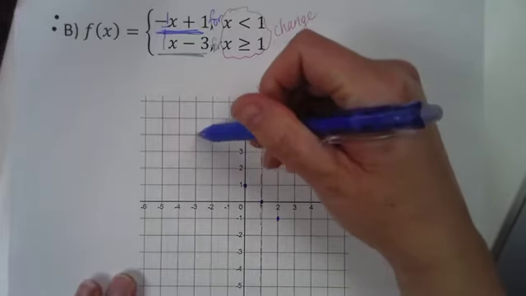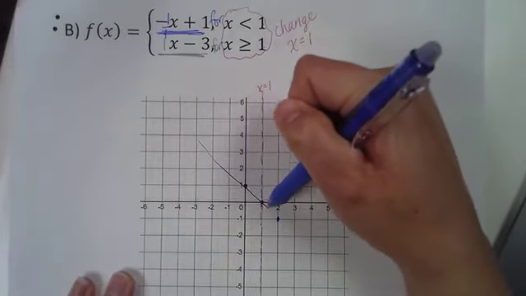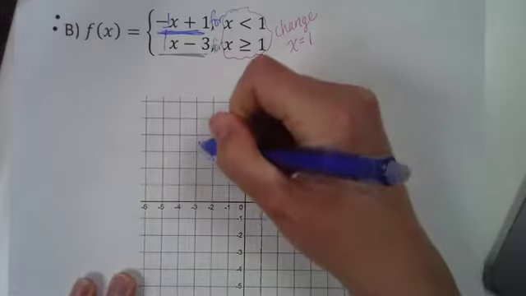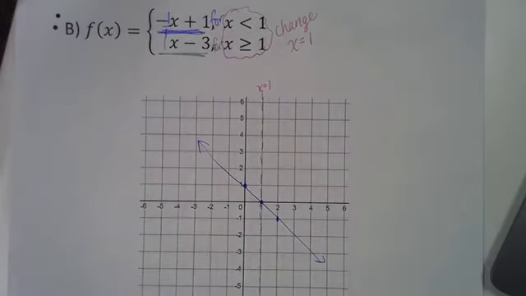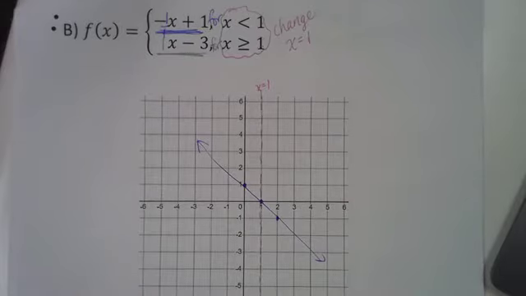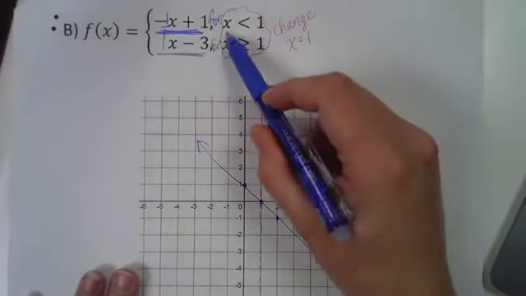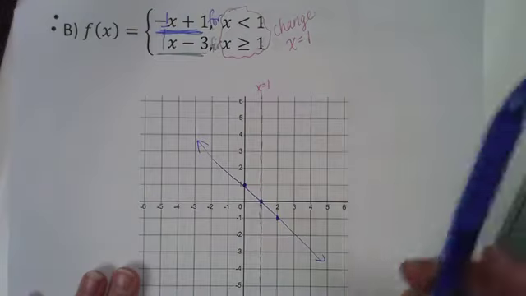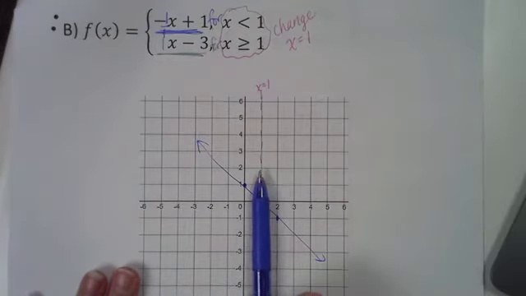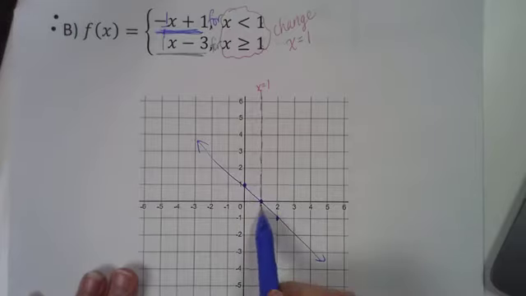And I could draw that line in, then a nice big long line, but I don't want the entire line. What part of that line do I want to see? Stuff that's less than 1. Yeah, x values smaller than 1. Is that to the left of my change line or to the right? Left, yeah.